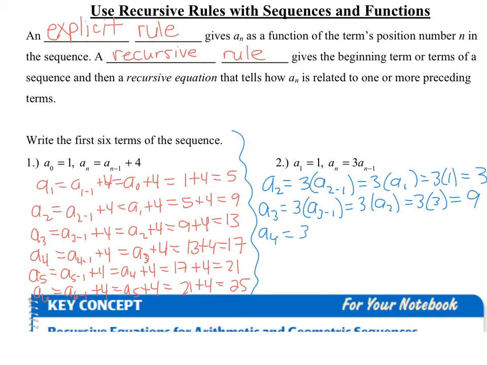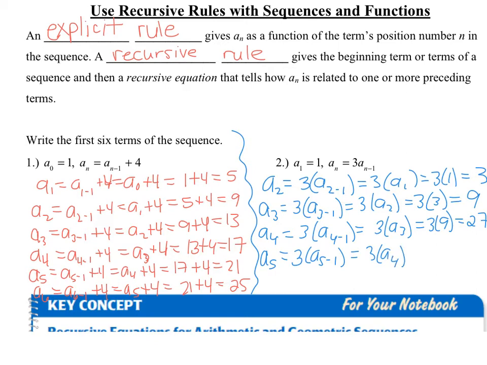A sub 4, 3 times the third term, a sub 5, 3 times the fourth term, and a sub 6, 3 times the fifth term.